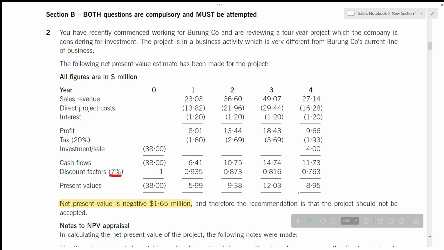So first what we have to do is correct this table, right? Whenever you have to correct some figures, this is how you have to proceed. You have to start with the way it is given in the question. In the question you can see that this is in a table format, right?